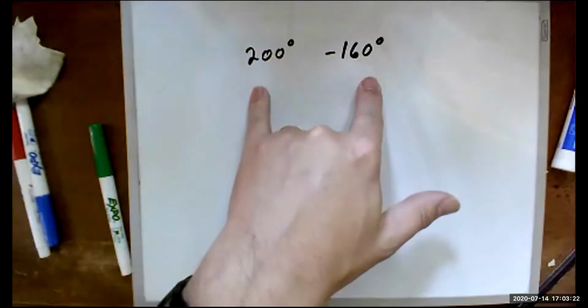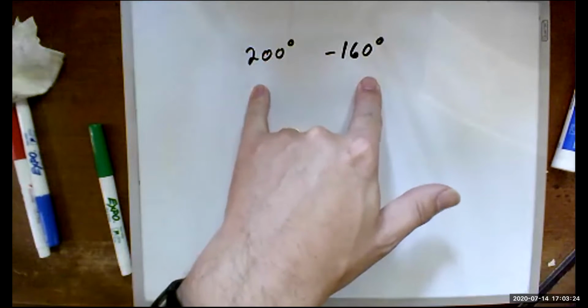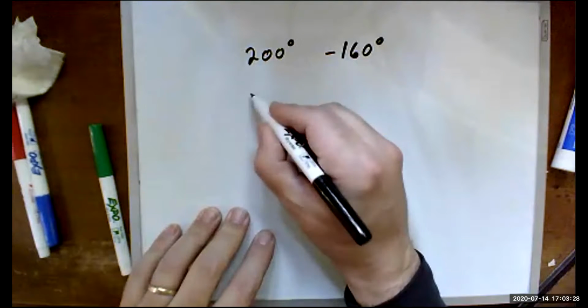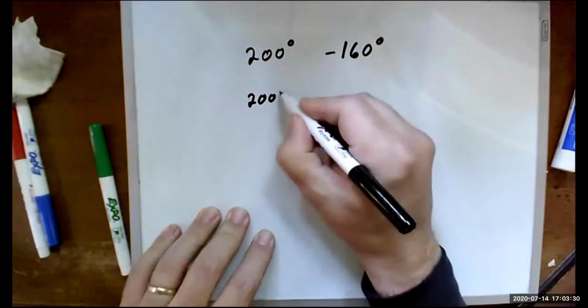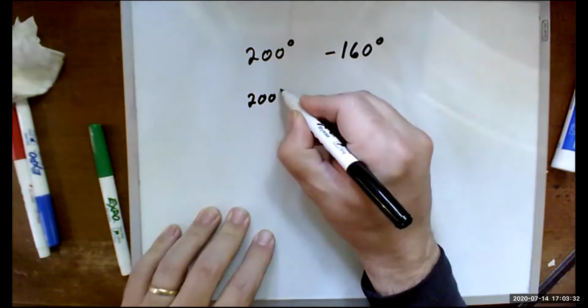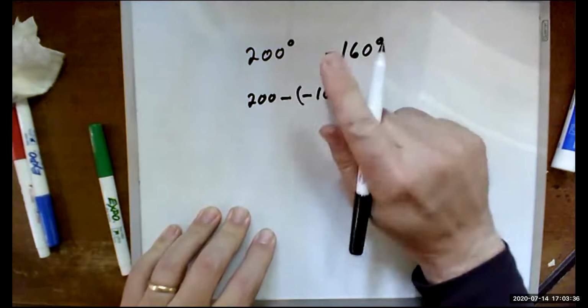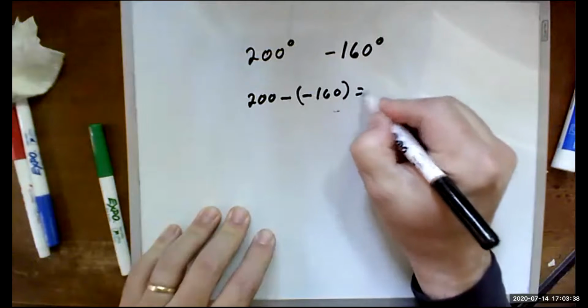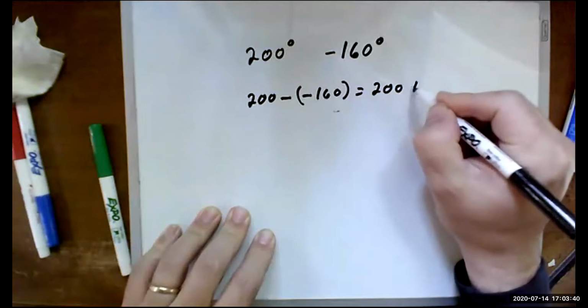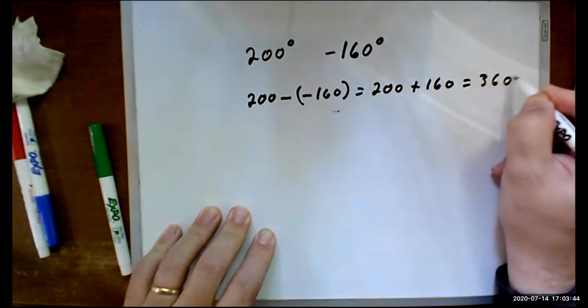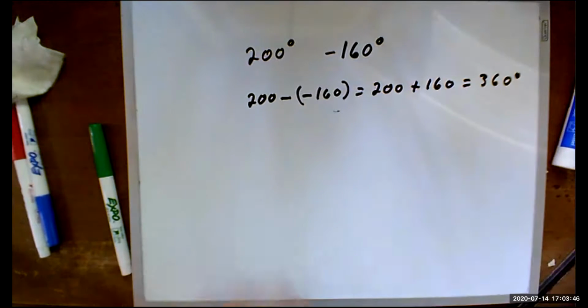Neither of them is over 360 degrees, and yet they are ultimately coterminal, because if I subtract them from one another, 200 minus negative 160, which becomes 200 plus 160, that gets me 360 degrees. Which means that they actually end up at exactly the same place.